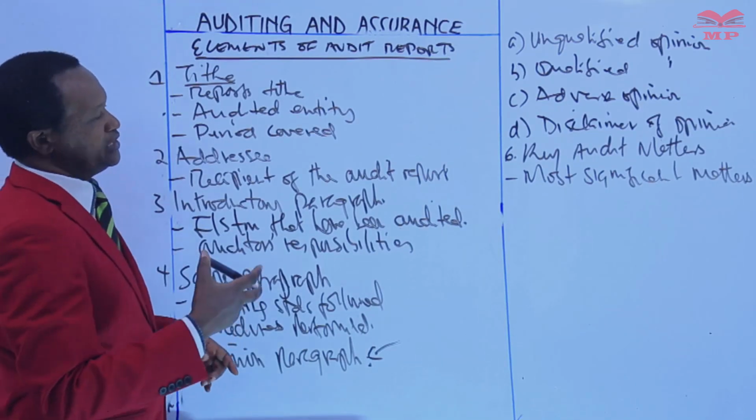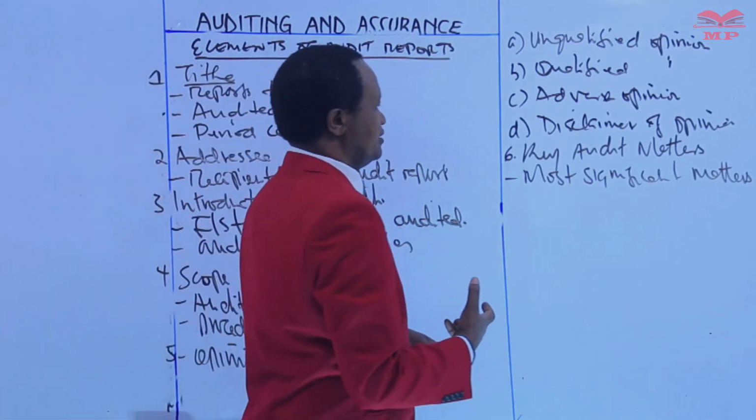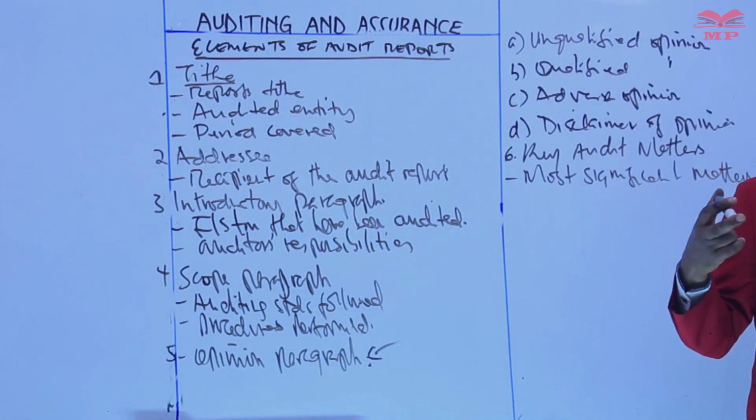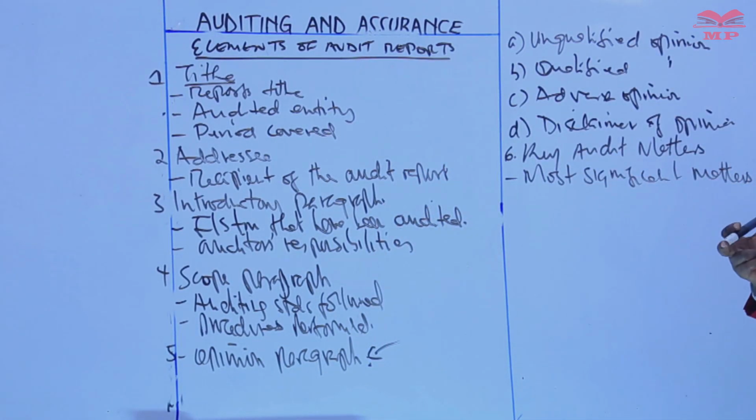Key means significant. If the auditor comes across a matter that is considered to be key or significant, then the auditor has to include such matters in the report and his response to the significant matters.